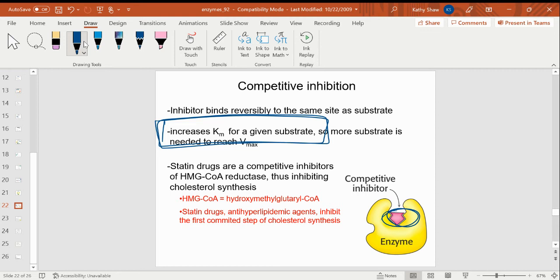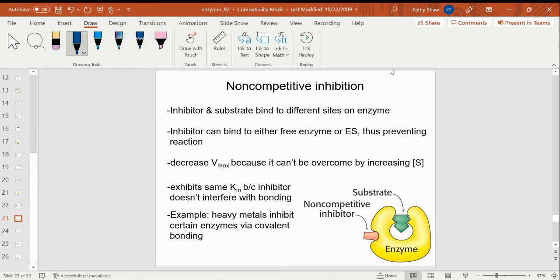I had it. So now if I increase the Km, of course, the substrate concentration that gets me to half of Vmax, more substrate, I'm going to get to Vmax. So for competitive inhibition, if I want to overwhelm it, I'm going to increase Km, or increase my substrate concentration.